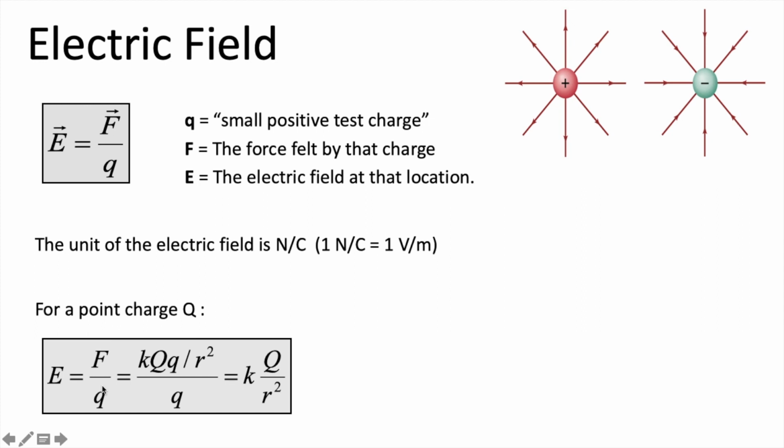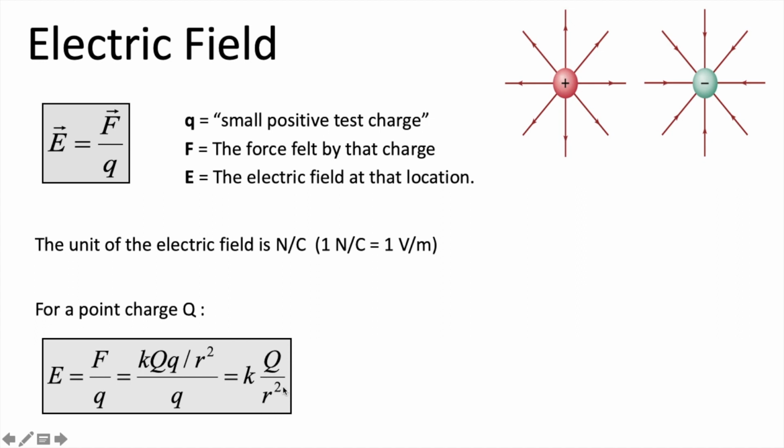That force is the Coulomb force between two charges, kQq divided by the distance squared, Q being the bigger charge and small q being the test charge. The q cancels, the test charge cancels, hence the electric field due to any point charge is equal to kQ divided by r squared.